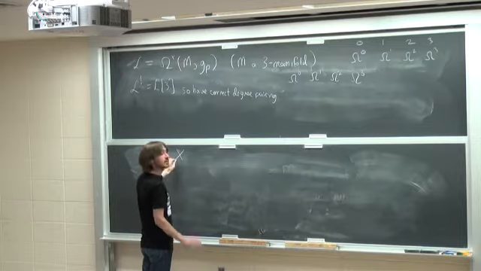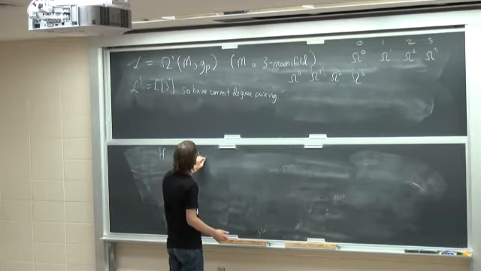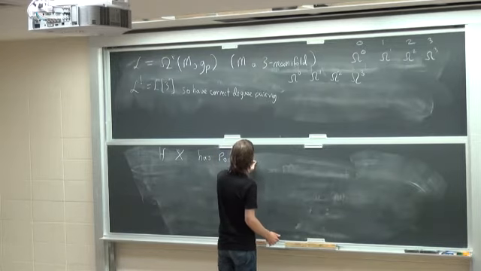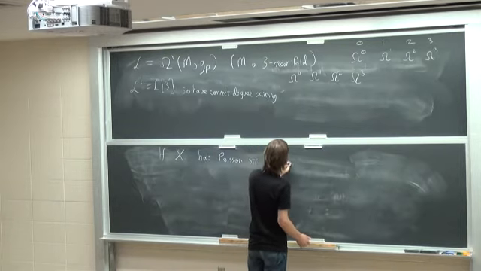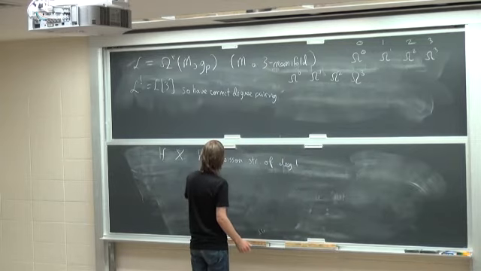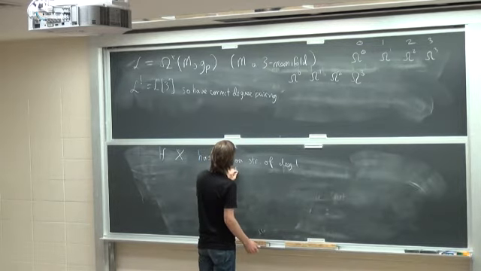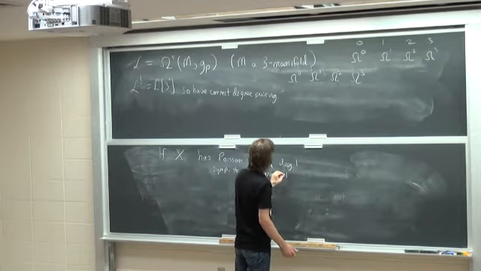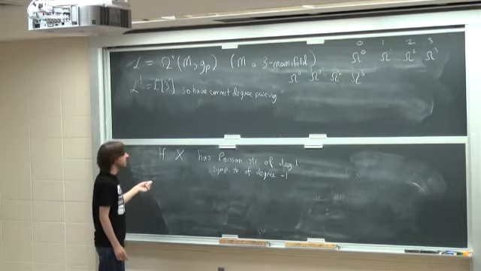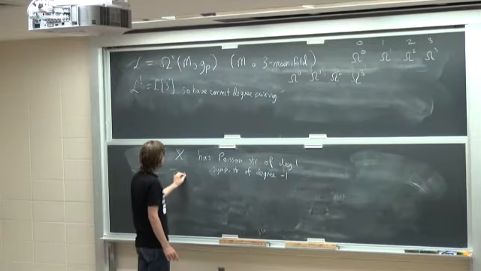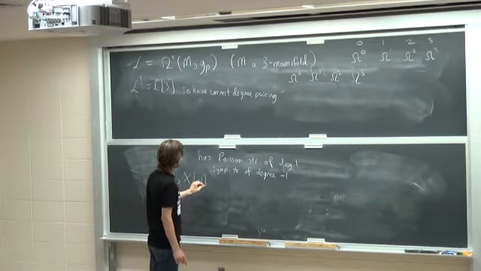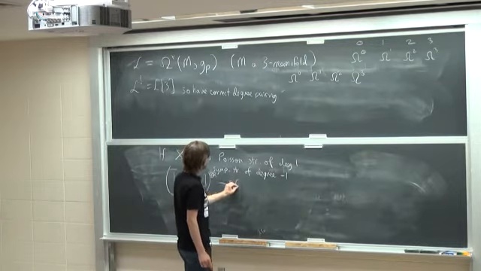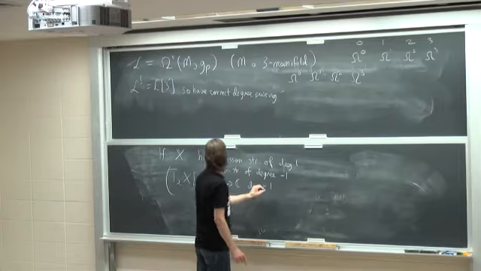suppose that X, or some derived stack, has a Poisson structure of degree 1. Then it has a symplectic structure of degree minus 1. So that's a pairing on this of degree minus 1.